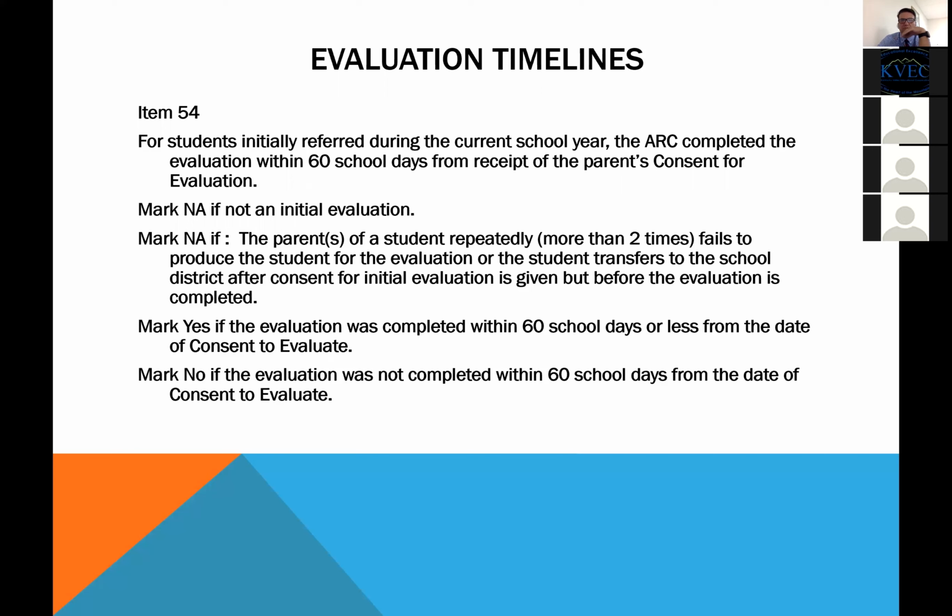Again, mark NA if the parent or parents of a student repeatedly, more than 2 times, fail to produce the student for the evaluation, or the student transfers to a school district after consent for initial evaluation is given, but before the evaluation is completed.